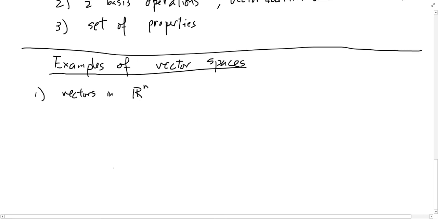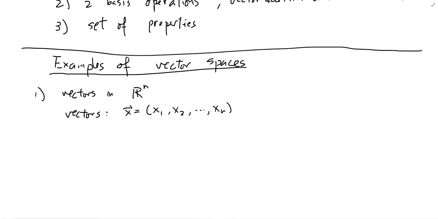Number one, what are the vectors in the vector space? So in this case, our vector, meaning the object that we define, would be vector x equal to x1, x2, to xn. So that is basically our object.